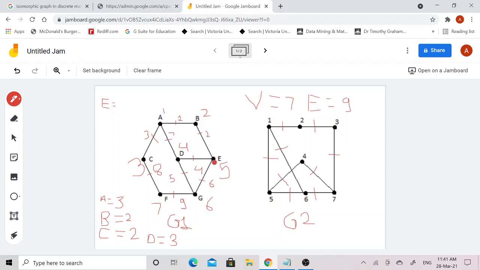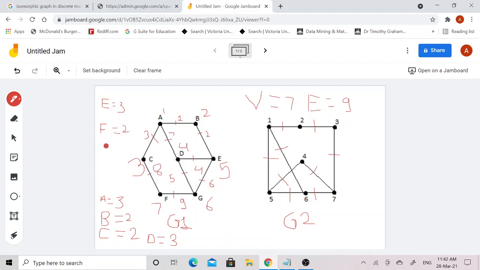Now consider the node E. There are three edges connected to this node E, so the degree of vertex for the node E is 3. Now focus on node F. This is the node F, and there are two edges connected to this node F, edge 8 and edge 9, so the degree of vertex for the node F is 2.